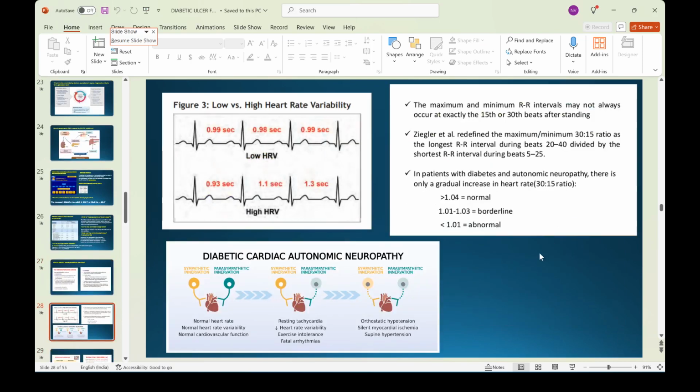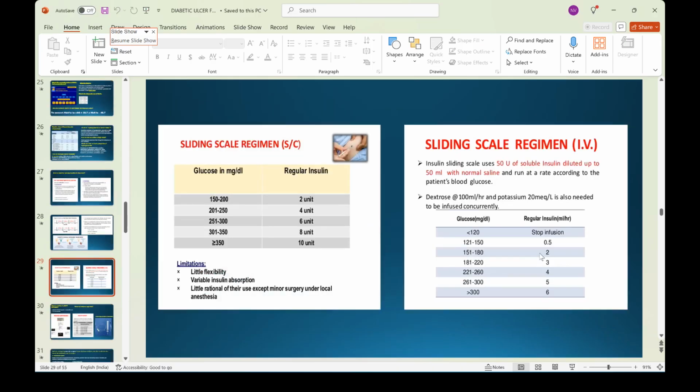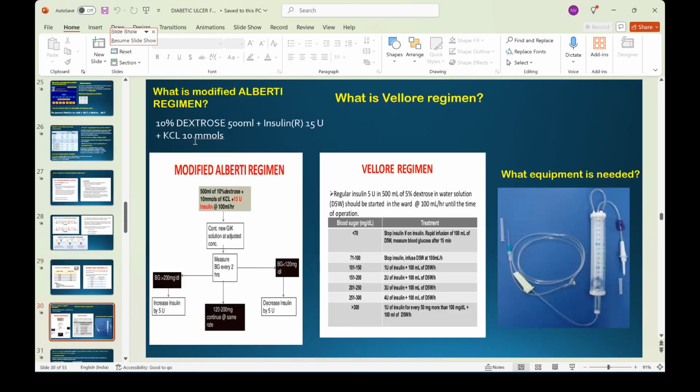And ECG wise, you can find all these things. And the sliding scale regimen for insulin is another tool. And for continuous infusion, you have the Alberti regimen, the Velour regimen. The Velour regimen is very easy to follow because of the simple equipment. You don't require an infusion pump and all those things. Of course, you can read about this.